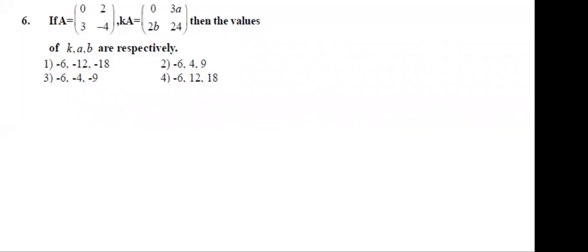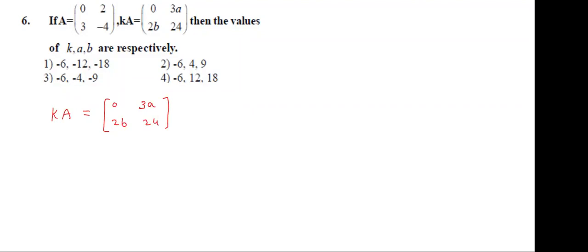Here, one matrix kA is given, and that is equal to 0, 3a, 2b, 24. Then we need to find the k, a, b values.